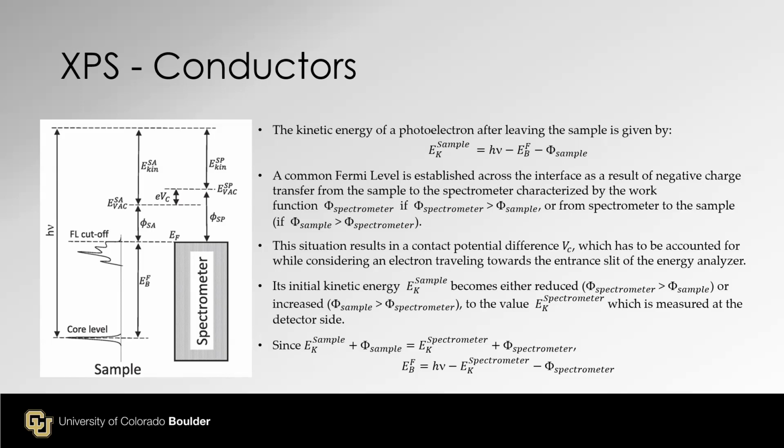Since if your sample is conductor, charges can be transferred from a sample to spectrometer or vice versa. So the Fermi level here is aligned for your sample surface as well as the spectrometer.